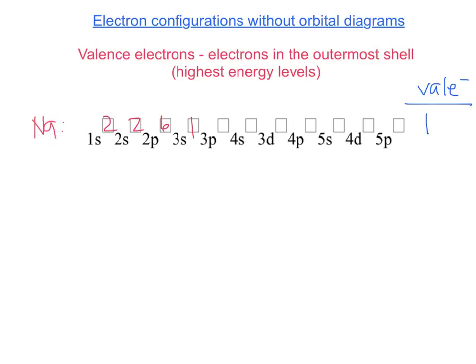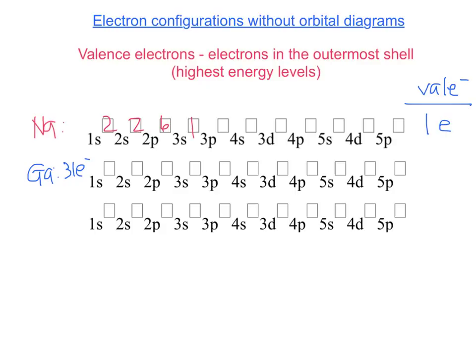Let's do another example. Look at gallium. It has 31 electrons, and its electron configuration is 1s2, 2s2, 2p6, 3s2, 3p6, 4s2, 3d10, and 4p1. Our highest energy level is 4.